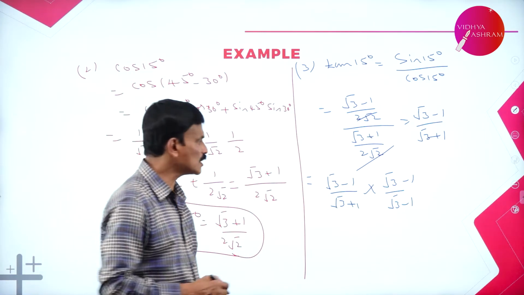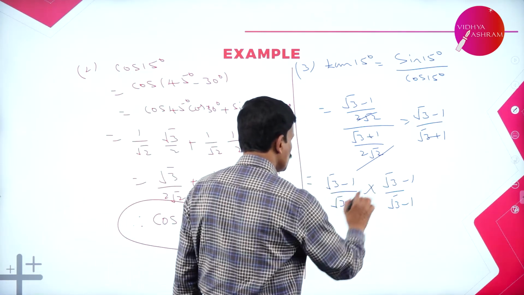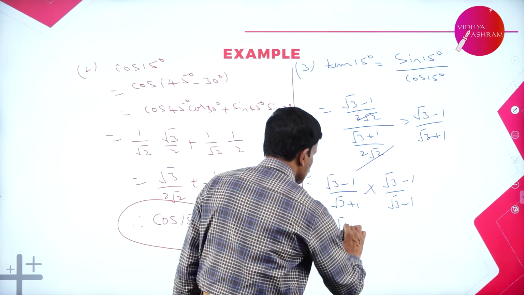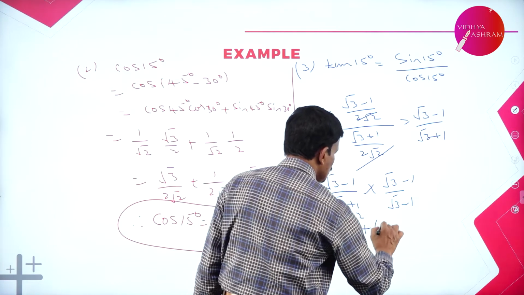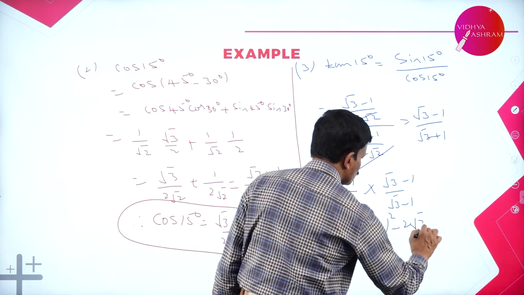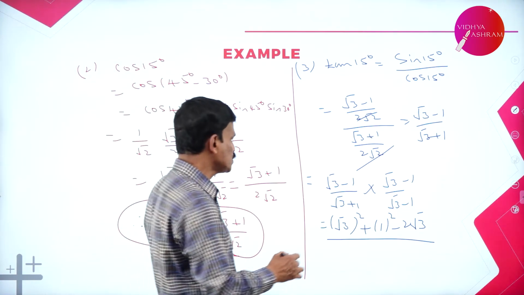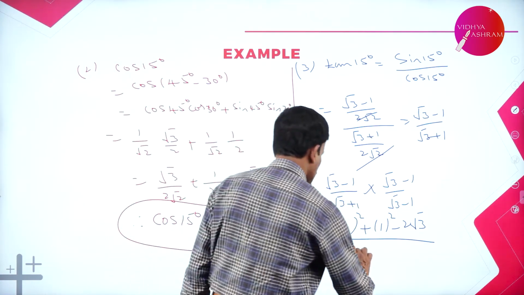Rationalizing the denominator, this can be written as root 3 minus 1 into root 3 minus 1, which is root 3 minus 1 whole square, a square plus b square minus 2ab, in the numerator. In the denominator, (a+b)(a−b) is a square minus b square, root 3 whole square is 3, minus 1.